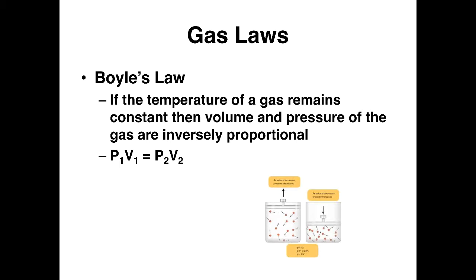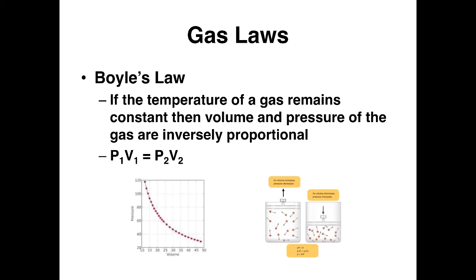You'll notice in the first state you have a larger volume and a lower pressure, because the molecules are wider apart and they run into each other and into the sides of the container less often. You make the volume smaller, the molecules are shoved together in such a way that they have to run into each other and into the walls more often, and therefore the pressure has to increase.